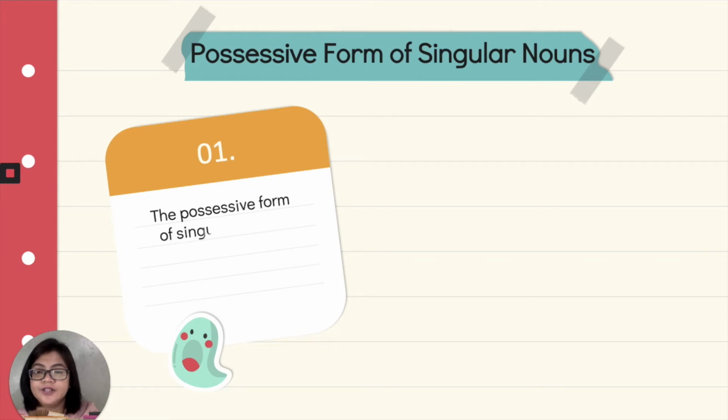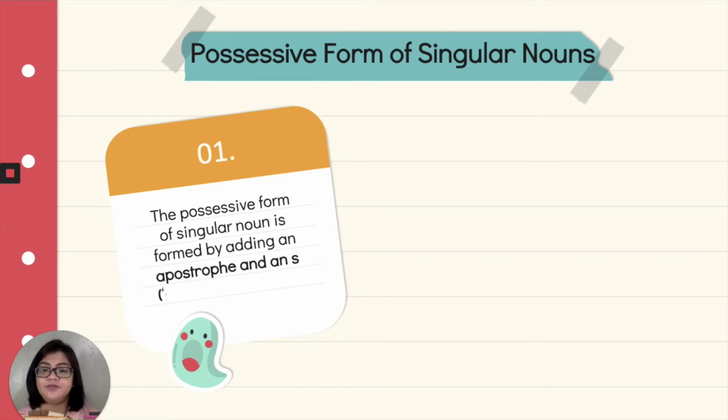The first thing you have to remember is that the possessive form of a singular noun is formed by adding an apostrophe and an S to the name of the owner. For example, we're talking about my eyeglasses.